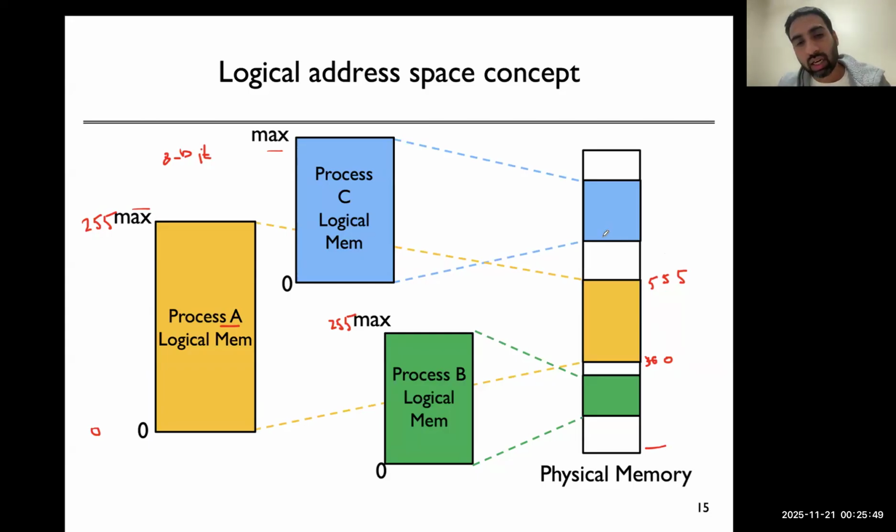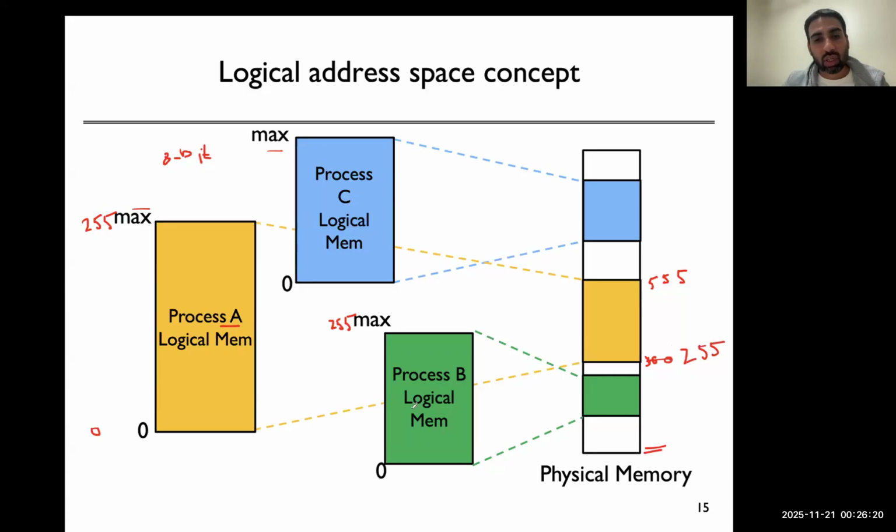On the other hand, if we had no distinction between logical address and physical address, which means the addresses generated by the process are exactly the same addresses from where the data and instructions are fetched, then process A will always have its instructions and data mapped in the address range 0 to 255.